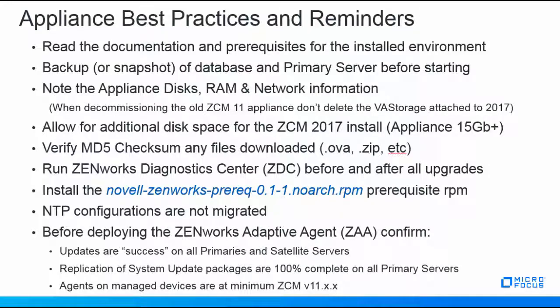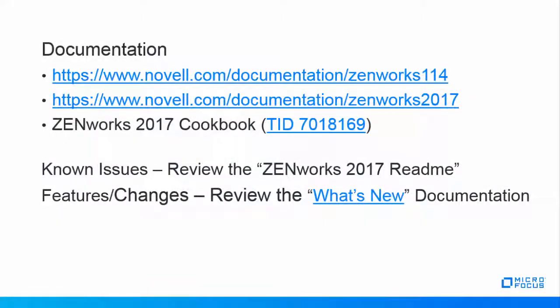And before deploying the ZENworks adaptive agents, confirm that updates are all successful on all primaries and satellite servers, and that the replication of the system update packages are at 100% complete, and the agents on the managed devices are at a minimum ZCM11.